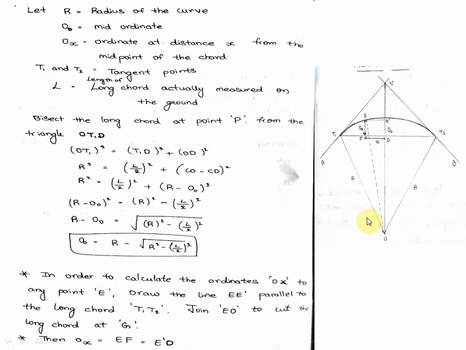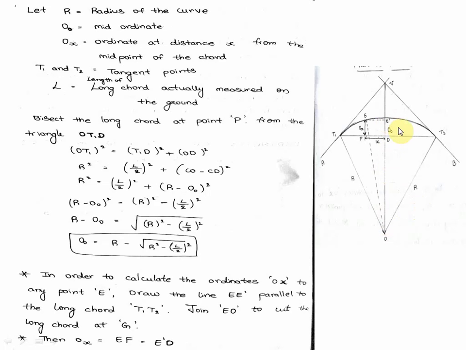OD square. OT1 is also denoted as R, the radius. So R square equals T1D, which can be written as L by 2 because this is half of the long chord, so L by 2 square, plus OD square.